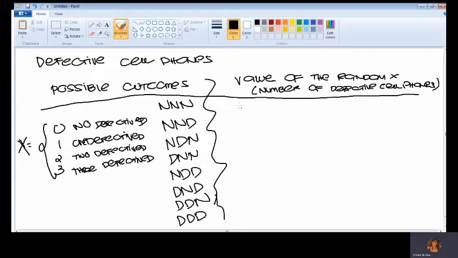So the possible values of this random variable are 0, 1, 2, and 3. So in this outcome, we have 0 defective. Second outcome, we have 1, 1, 1, 2, 2, 2, and lastly, 3.